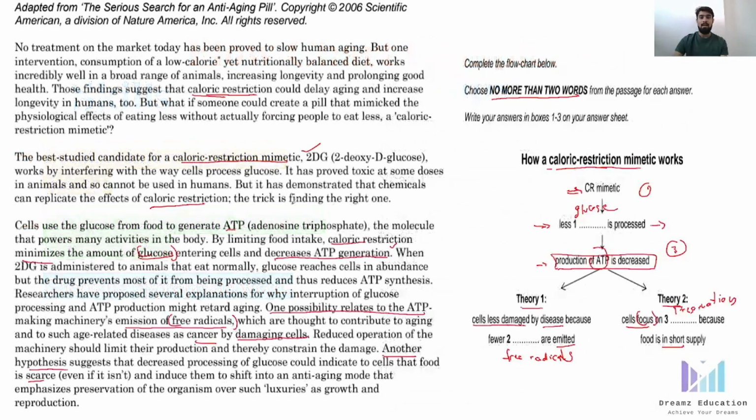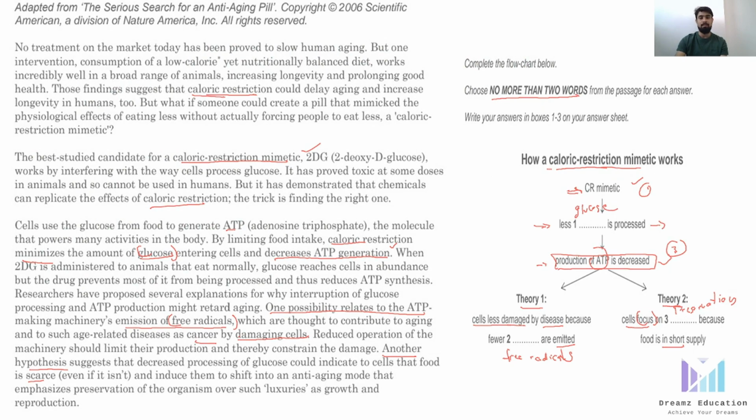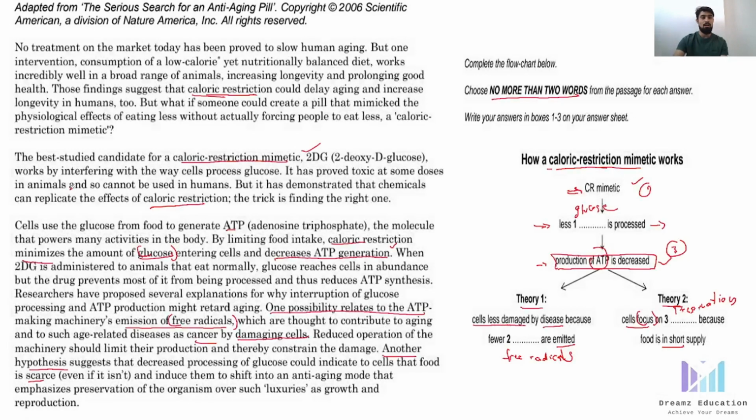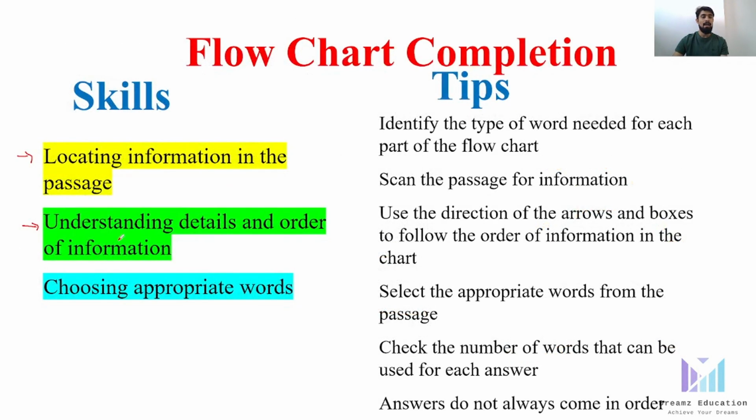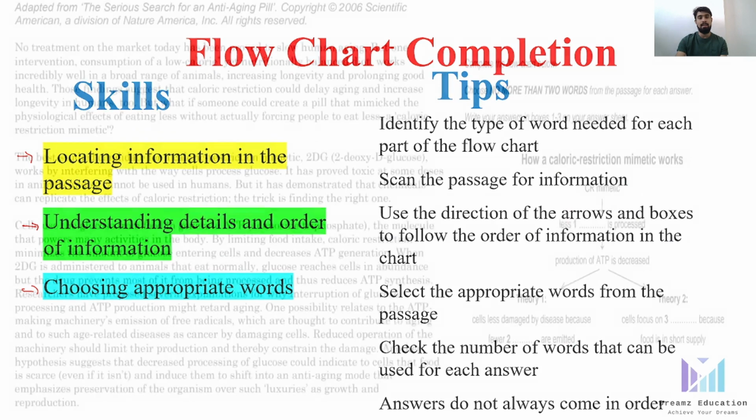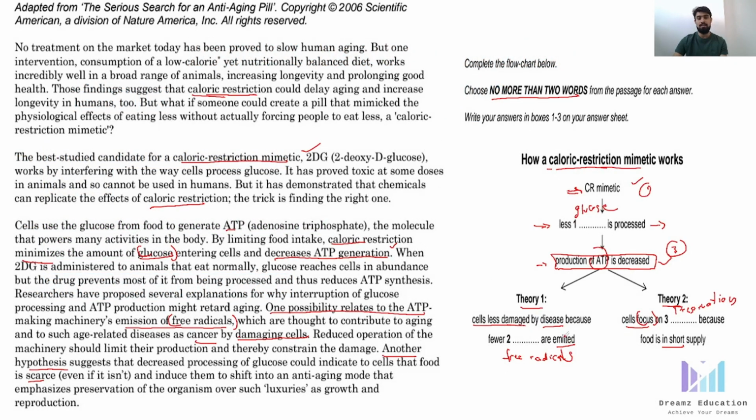Like I said, it will be in order, and you need to get the first as well as the second step, and I need to read something in between to identify my answer. So you are just making sure about the order. And later on, we have chosen appropriate words, taking care about the sentence and making the sentence proper.